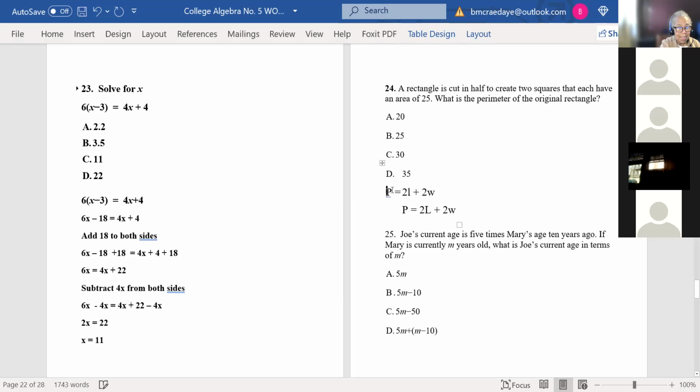Now, what's the length of the rectangle? Remember, I put it on the whiteboard. What's the length of the rectangle, Latoya? 5. 5 times 5, 25. No. Okay, let's go back to the whiteboard.